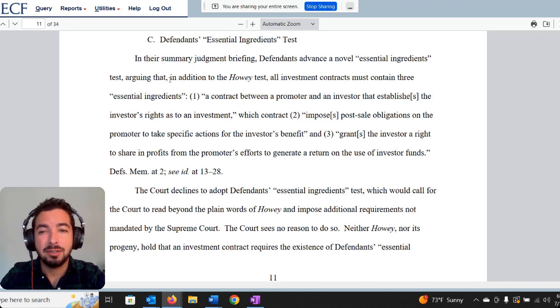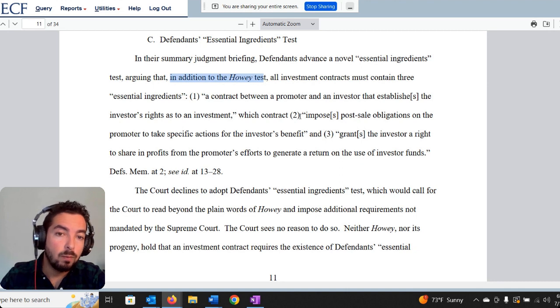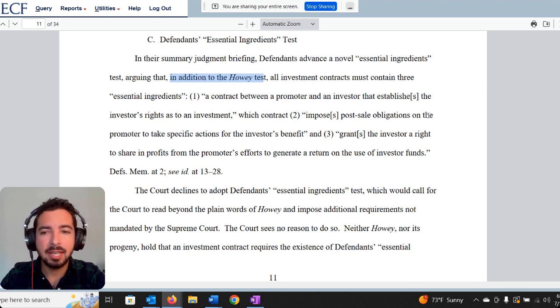So in addition to the Howey test, so Howey plus 3 ingredients: 1, a contract between a promoter and an investor that establishes the investor's right as to an investment, which contract 2, imposes post-sale obligations on the promoter to take specific actions for the investor's benefit, and 3, grants the investor a right to share in profits from the promoter's efforts to generate a return on the use of investor funds.